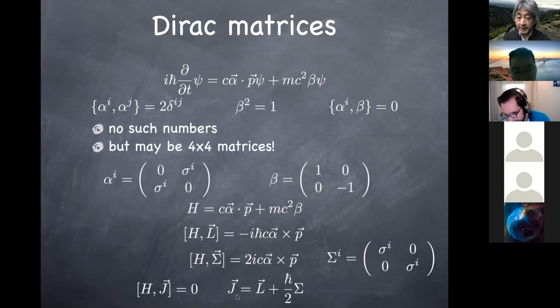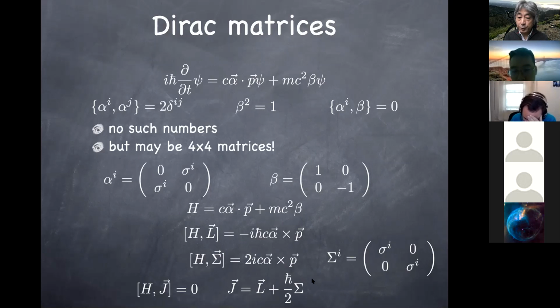So now you see that the total angular momentum operator that commutes with the Hamiltonian, and therefore is conserved, has two pieces. One of them is the usual orbital angular momentum x cross p, but now it has this additional piece, which comes from this 4x4 matrix. And we know the eigenvalues of that because the Pauli matrix has eigenvalues +1 and -1, and here there is a factor of h bar over 2 in front.